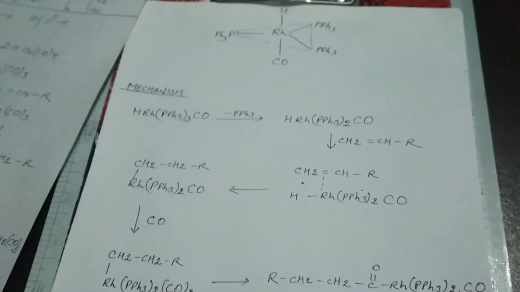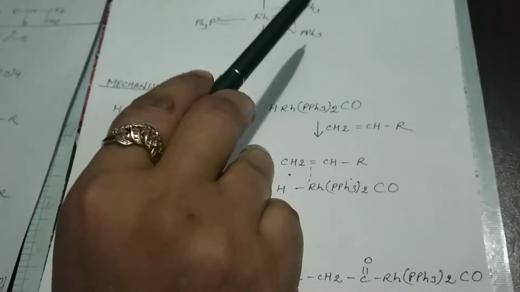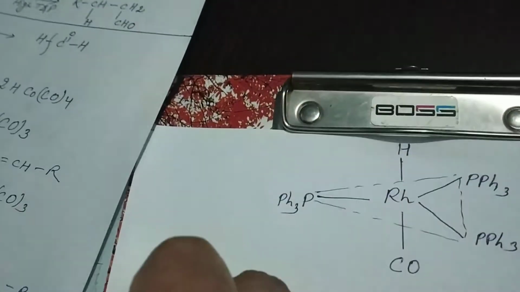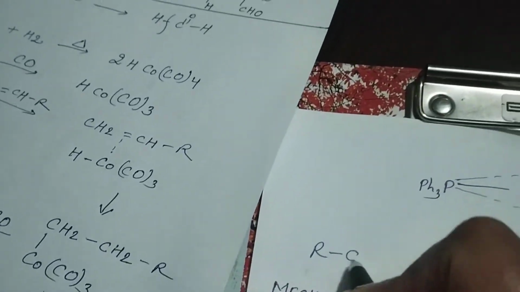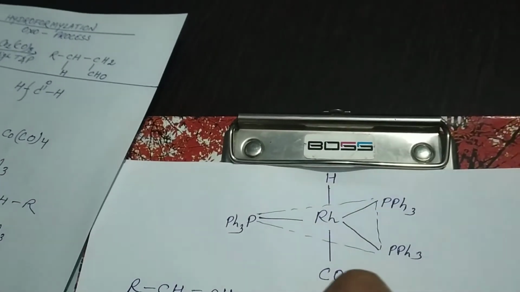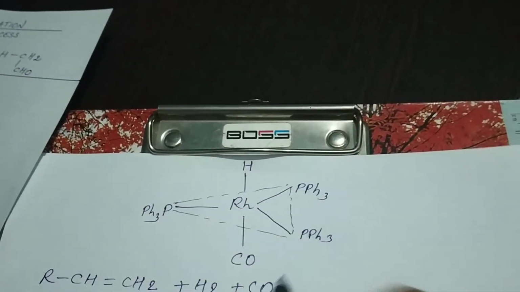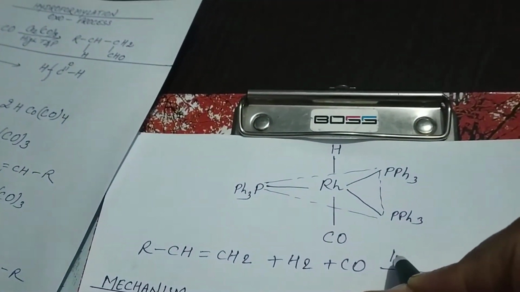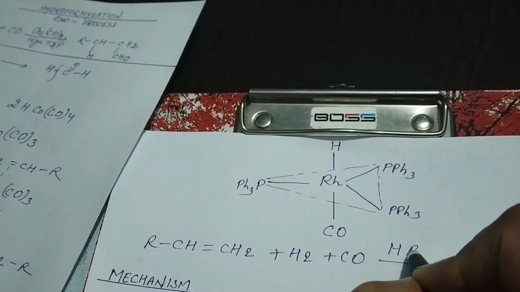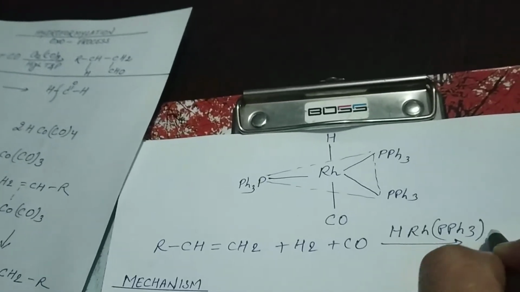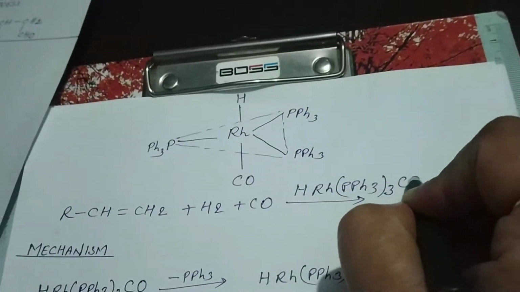So let's see the mechanism using this catalyst. Here the reaction will be with R, that is a terminal alkene, RCH=CH2. It reacts with hydrogen and CO in the presence of this catalyst, RhH(PPh3)3(CO).